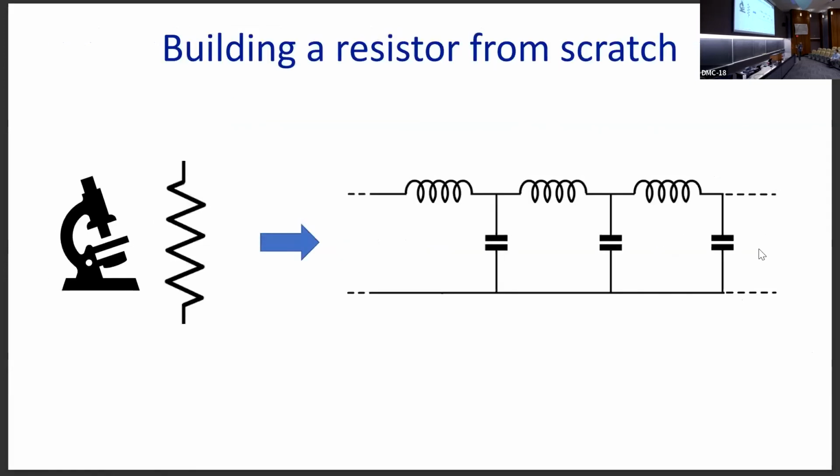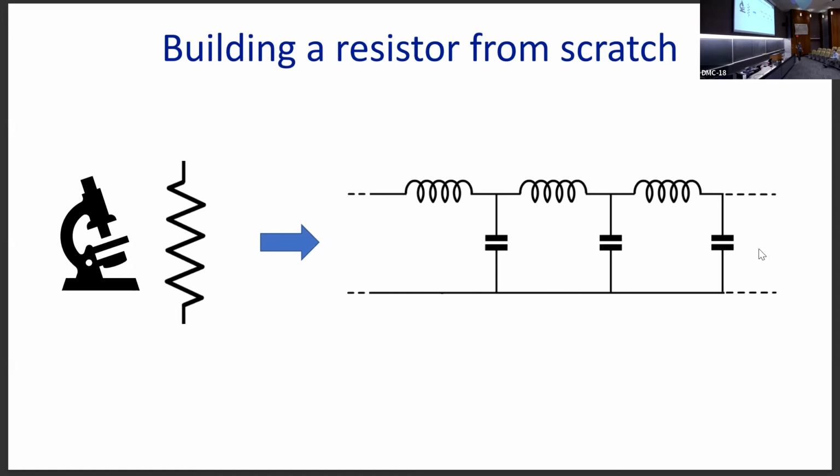So what we do here is use this Josephson junction transmission line as our resistor, and the advantage of using this circuit instead of just a thin film resistor or something is that we can build it and have access to its internal degrees of freedom, which are those standing wave modes.